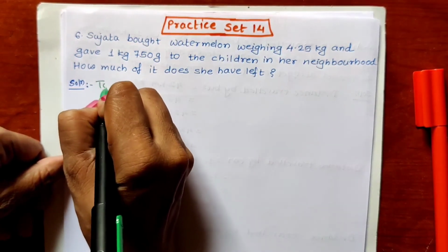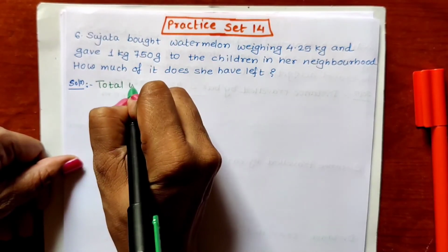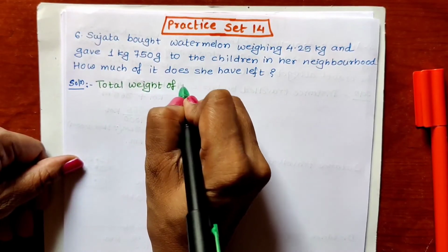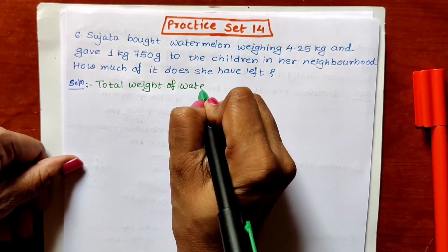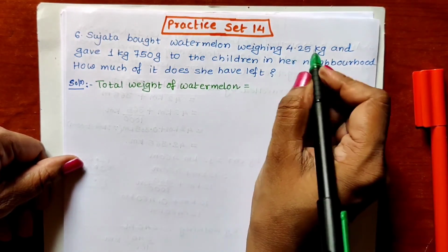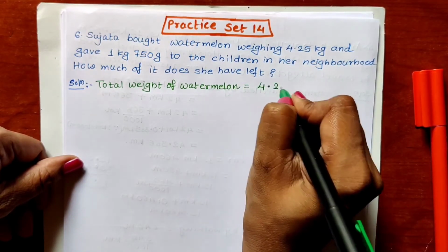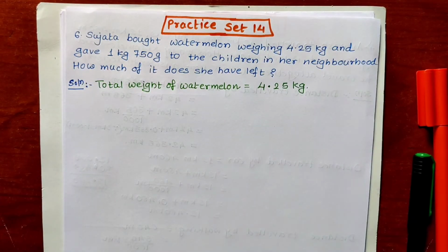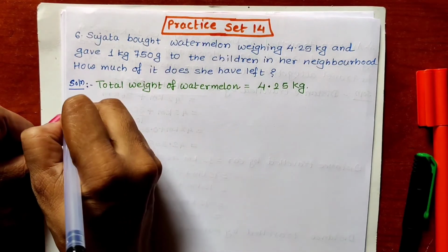In the solution, we first write the total weight of watermelon. How much is it? 4.25 kg. Correct. Now she gave watermelon to the children from the total watermelon. So what should we write?